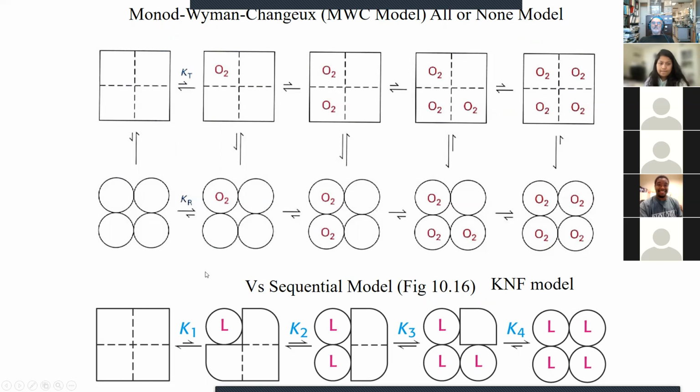The sequential model says it's only local tertiary change, and it happens gradually along the path. And the affinities for each tertiary structure are essentially the same as you move along.